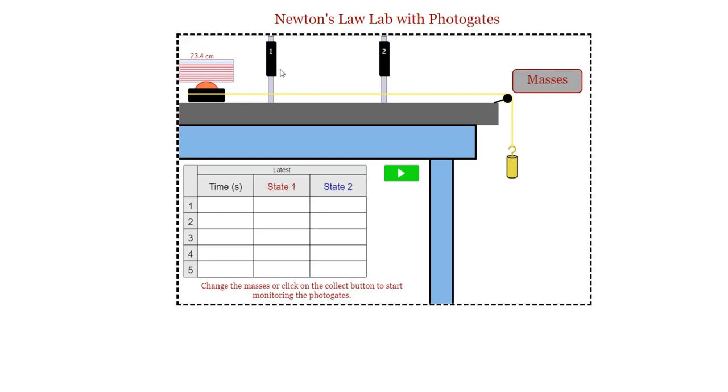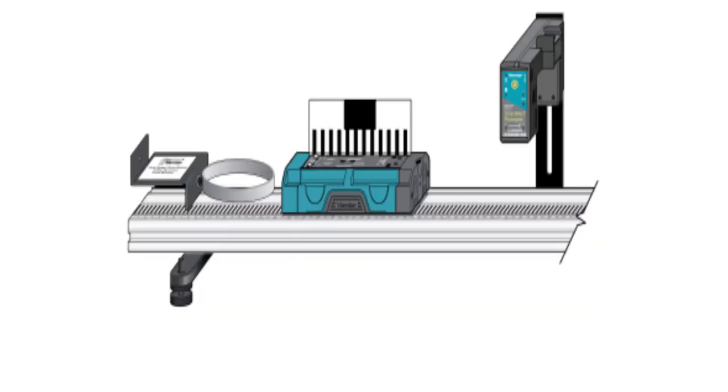This index card is important because these 1 and 2 are photo gates. And how a photo gate works is that it has a laser that is picked up by the sensor on the other side. So there's a laser on one side that is going across the opening, and it hits a sensor. When you block that sensor, it picks up what time it is when it's blocked.